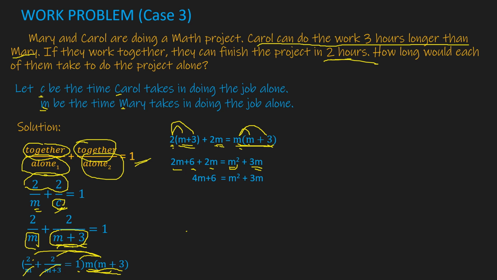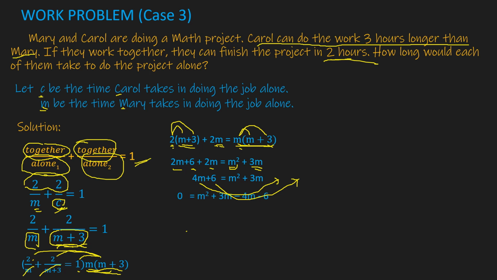Then we have M squared plus 3M still at the right side of the equation. Then, all terms in the left side of the equation are to be transposed so that the only remaining term in the left side is 0. And we have formed the standard form of a quadratic equation.